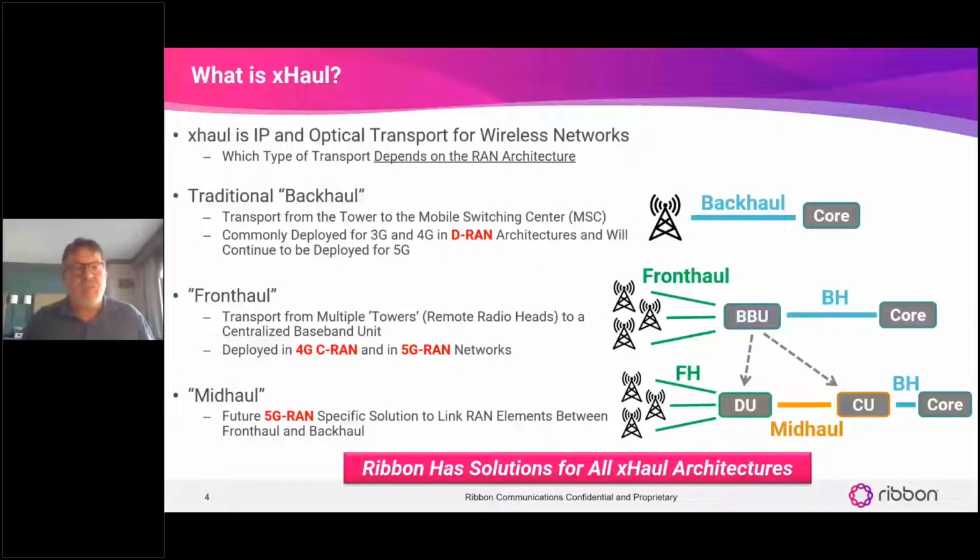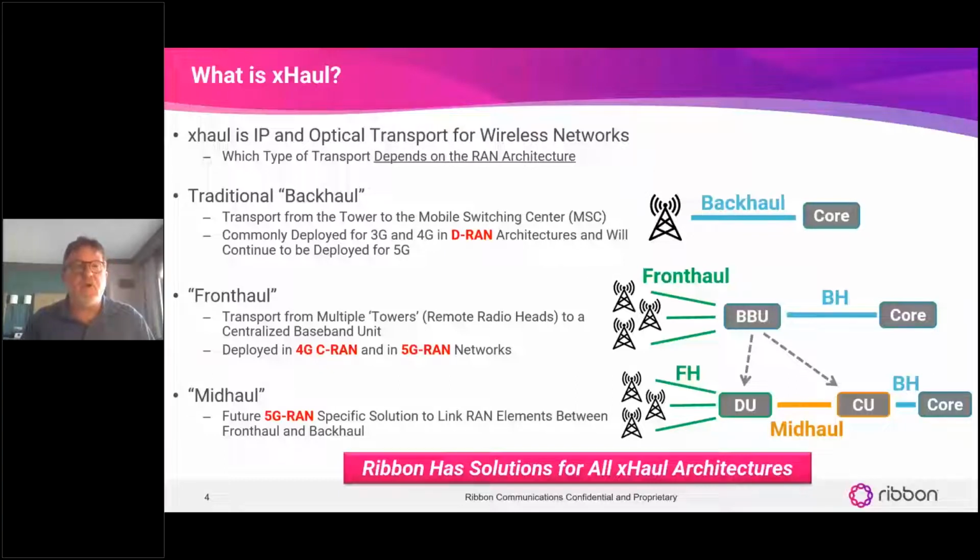So let's talk about xHaul, right? X just means it's a variable, right? So we can talk about backhaul, which is what we've had for, well, from the beginnings of RAN, to front haul and mid haul. Haul simply means IP and/or optical transport for your wireless traffic.